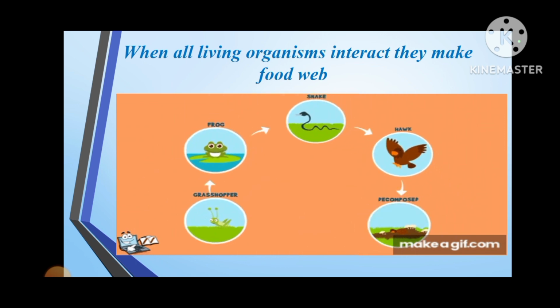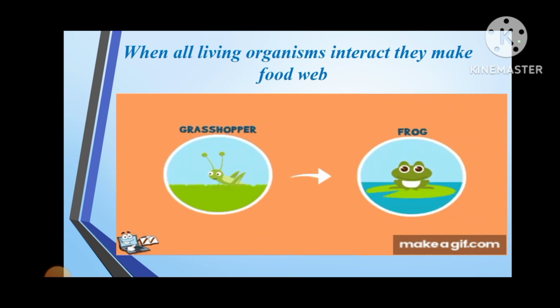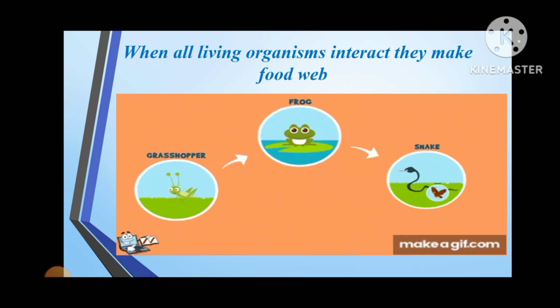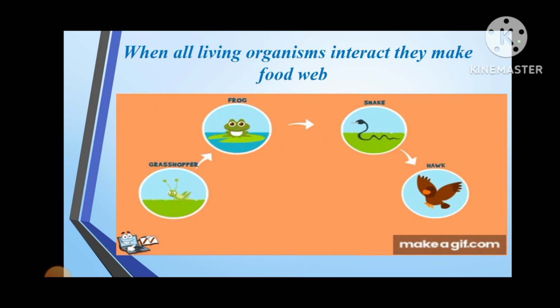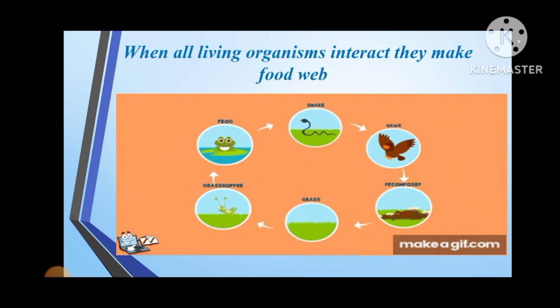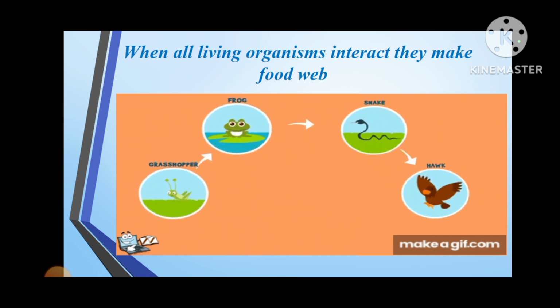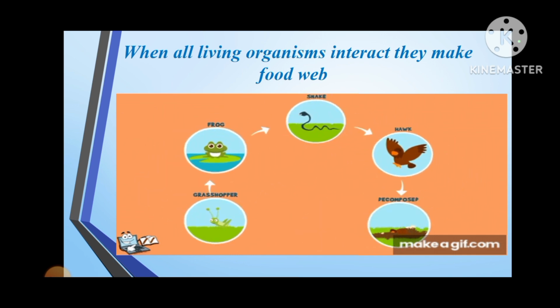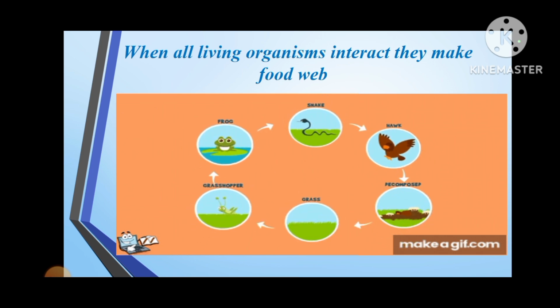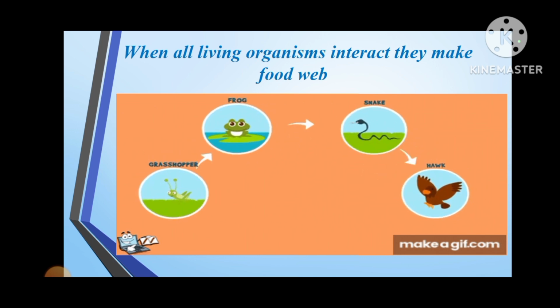So all living organisms interacting can make a food web. If we have a small number of living organisms, this is called a food chain. If we have a lot of living organisms, or many sources of food for one organism, or many predators for prey, or many prey for a predator, it makes a food web.